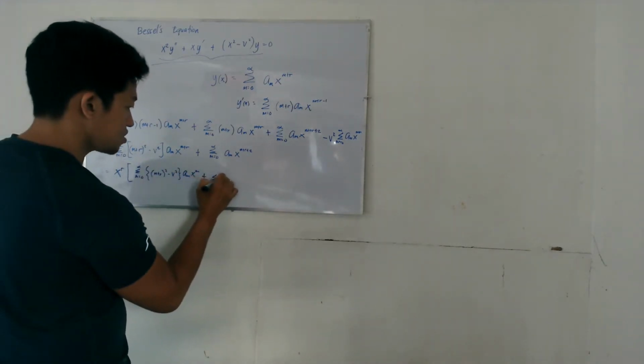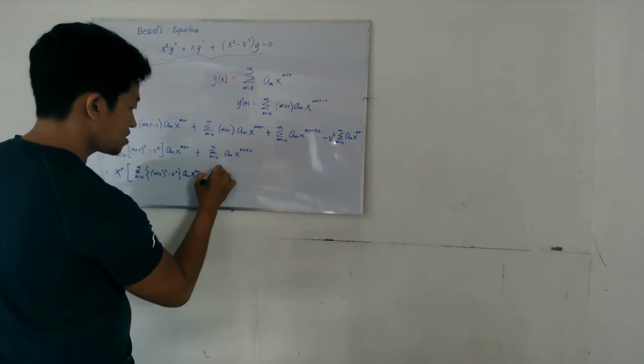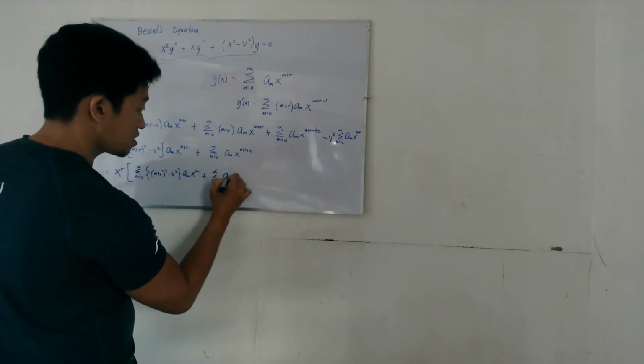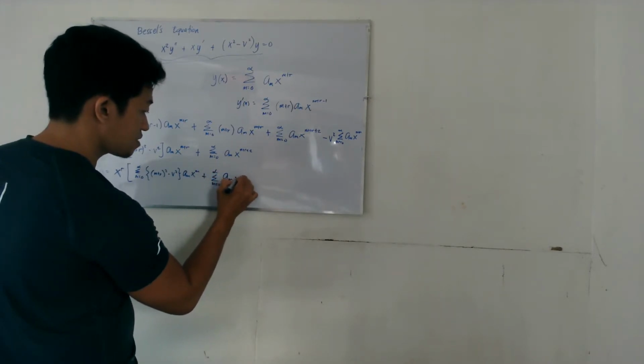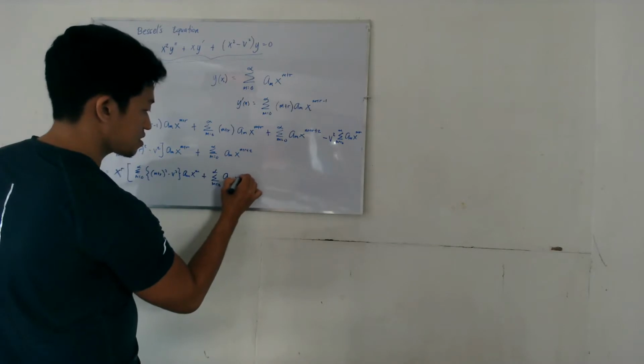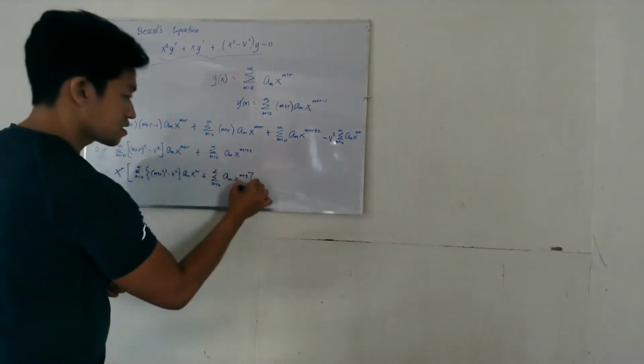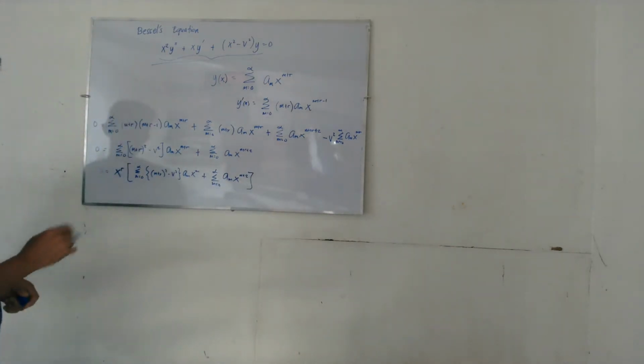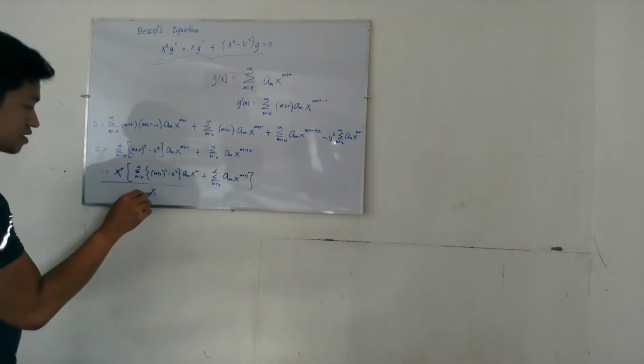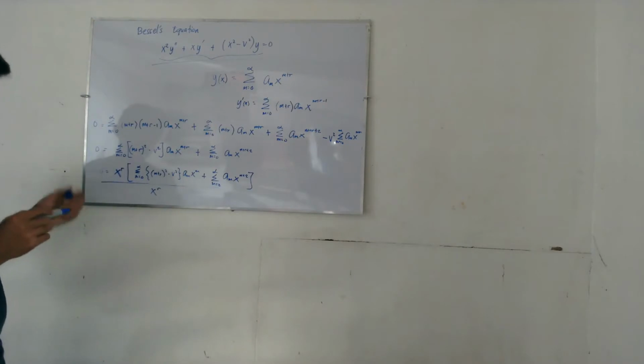Plus summation of a_m x^(m+2). Okay? So we divide by x to the r. Anyway, it is equal to 0 already.